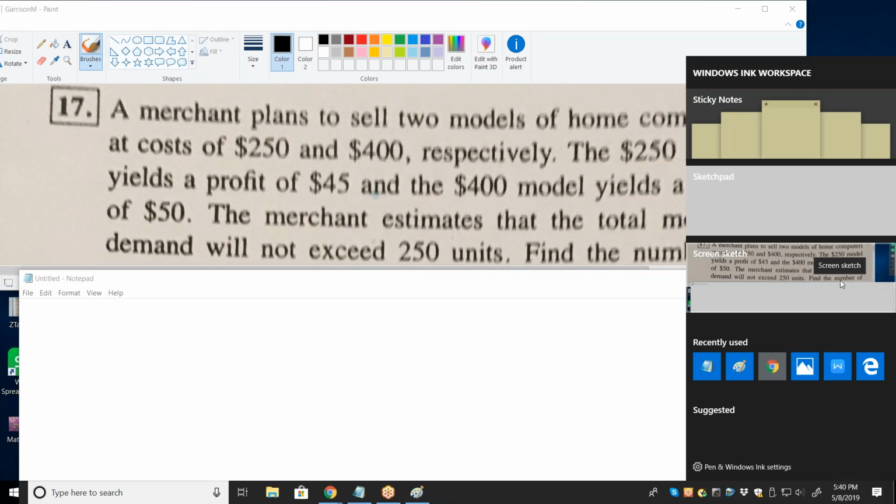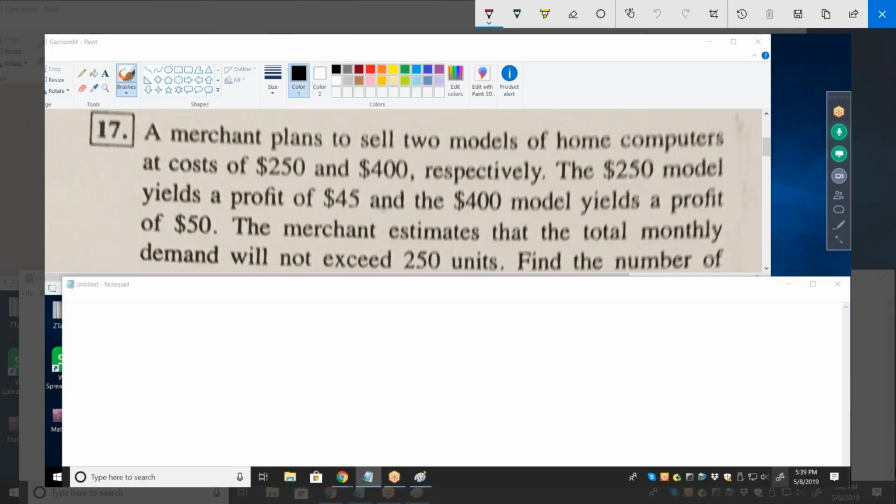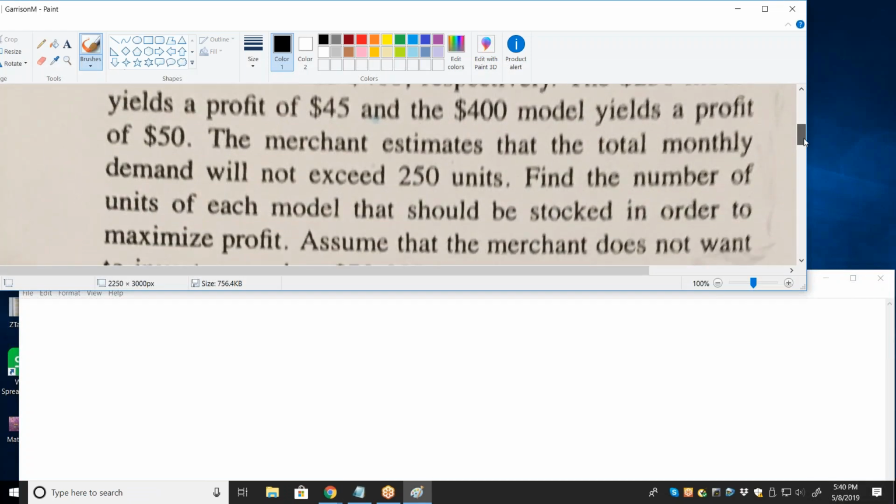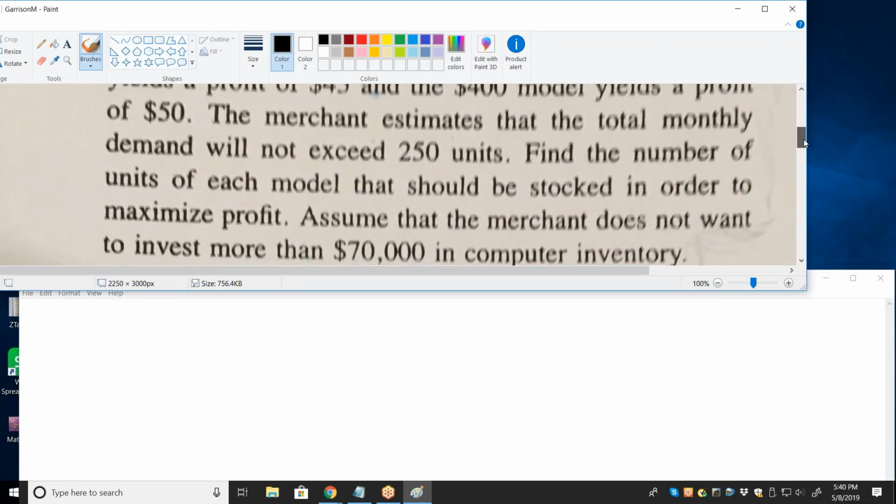The very first thing you need to do is define your variables. Read the problem, and usually the variables you get from the very last sentence. Let's look at the last sentence. Find the number of units of each model that should be stocked in order to maximize profit.